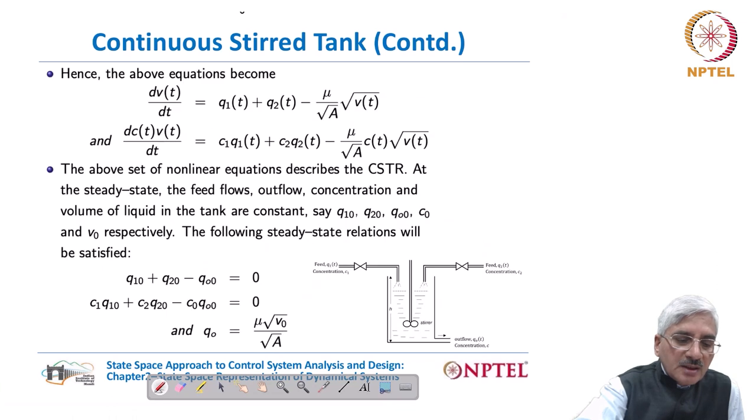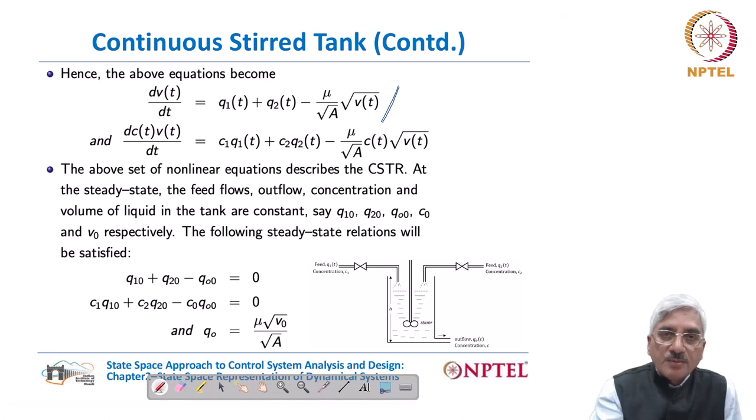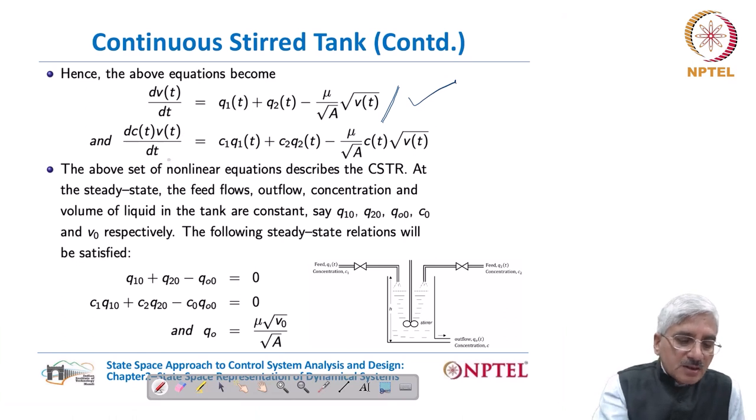So we get dV by dt equal to Q1 plus Q2, they were there, minus this expression for Q0, which we obtained on the previous page. So we will get this, and the other one is for mass.